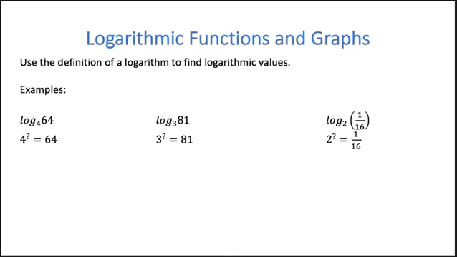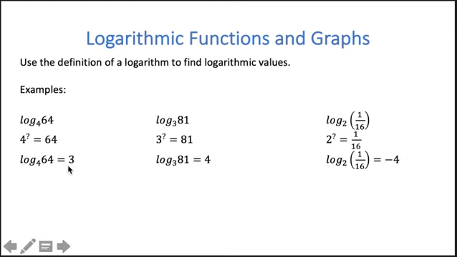That would be 4. So the answers are 3, because 4 to the third is 64; 4, because 3 to the fourth is 81; and negative 4. Why the negative sign? Because that's what makes it 1/16. Do those make sense? I hope so.